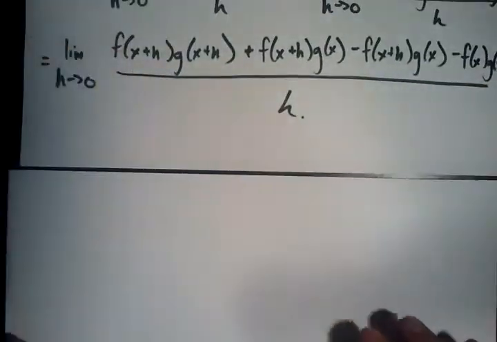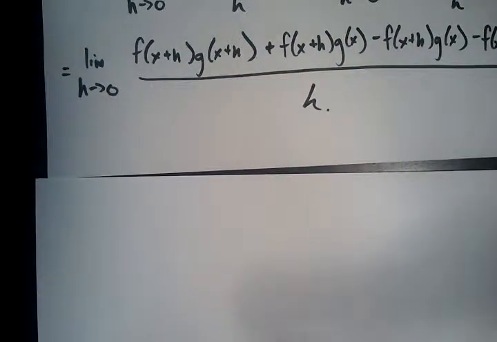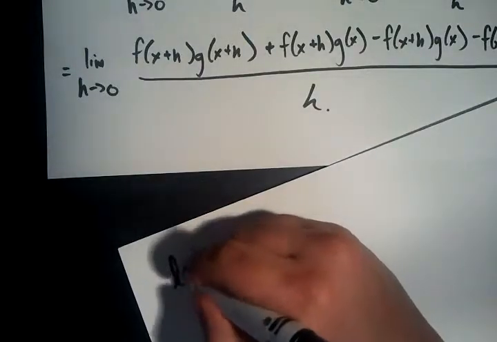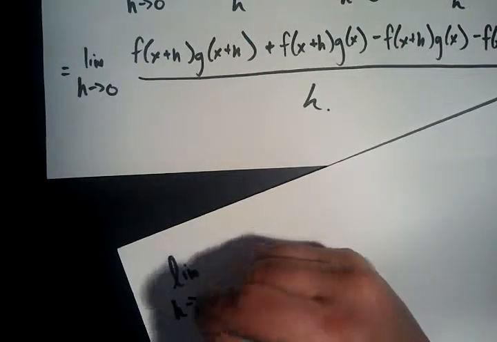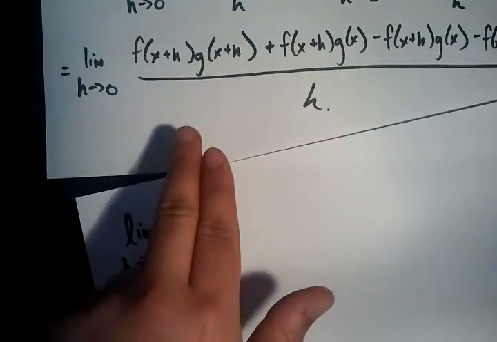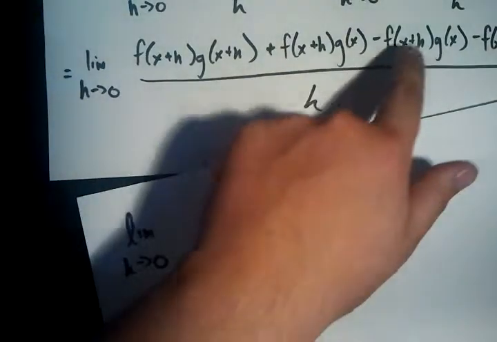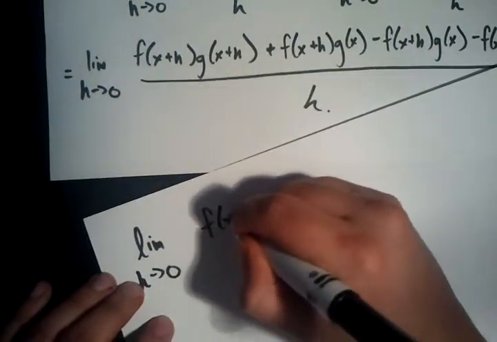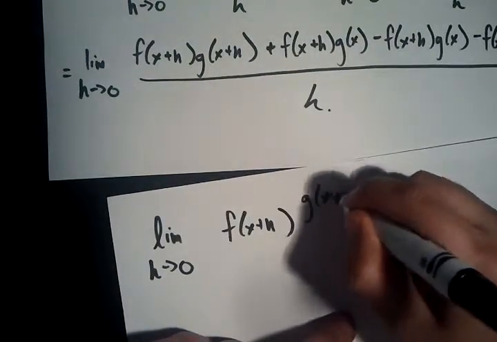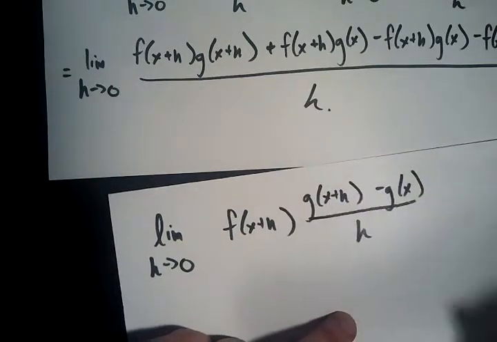Continuing our proof. Now we're going to group some of the like terms that we have. We're going to do the limit as h approaches 0 of, we're going to factor out an f of x plus h, and then we're going to have g of x plus h minus g of x over h.